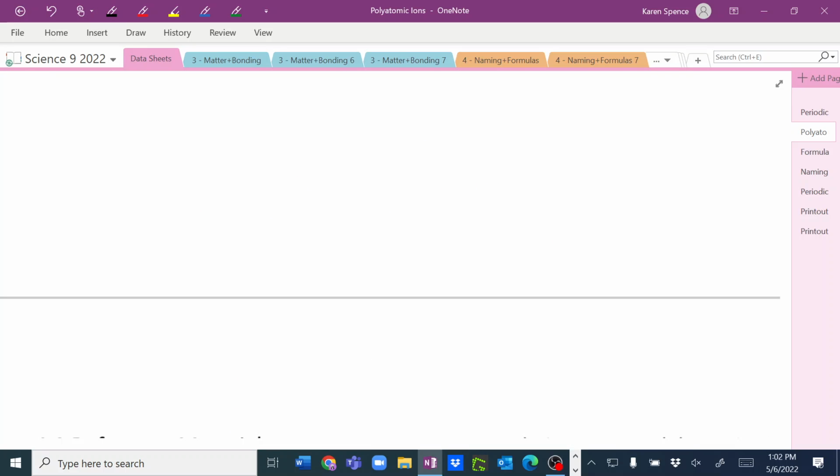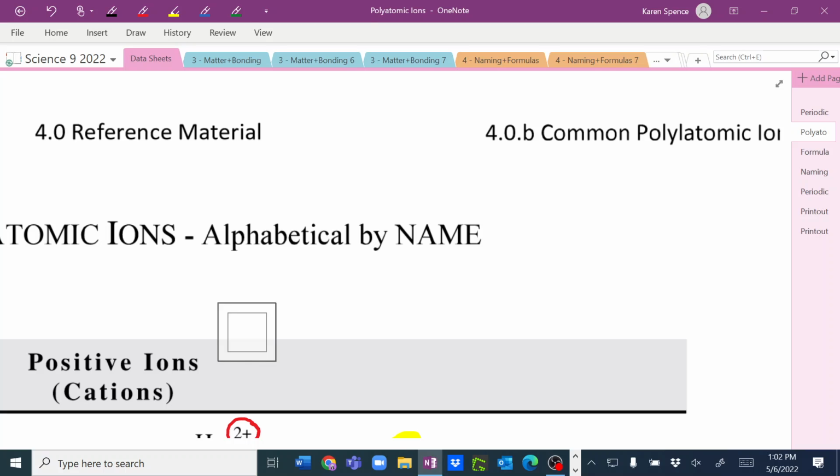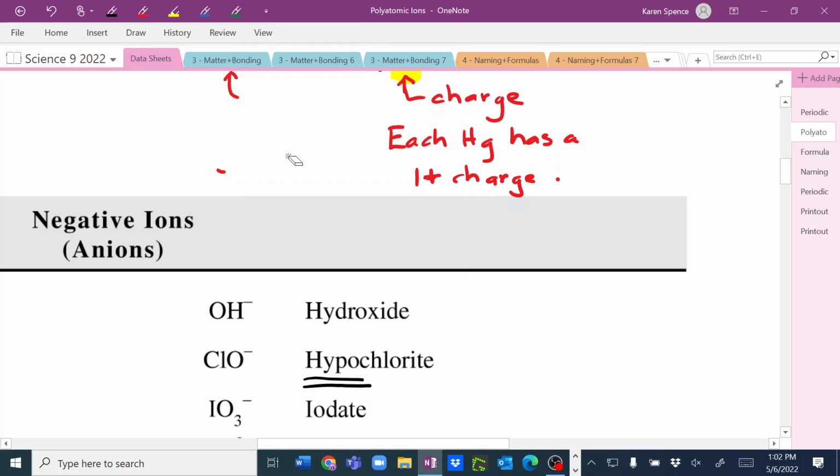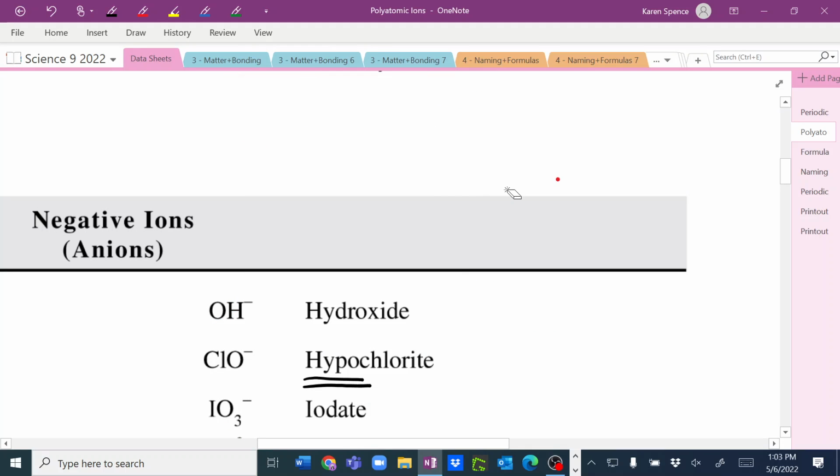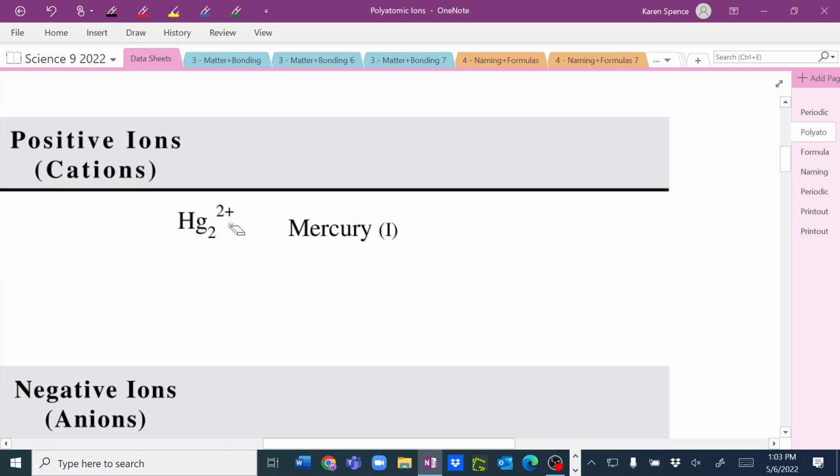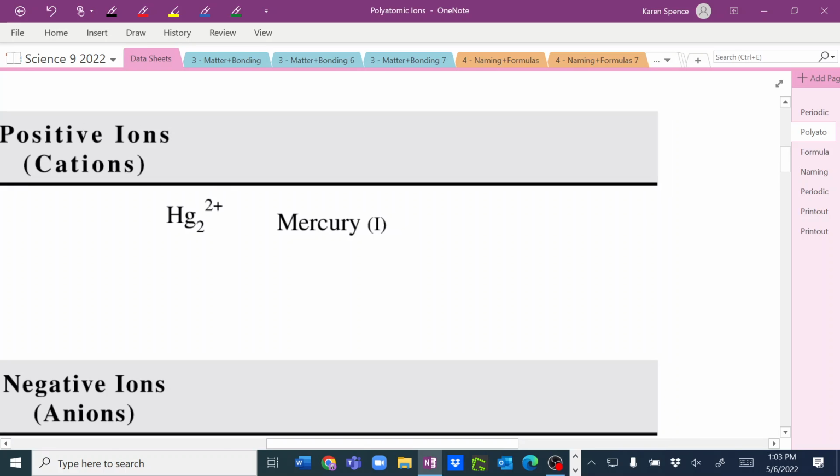So if I go up here, you'll notice it says mercury, and it says mercury 1. What does that Roman numeral 1 tell us? It tells us the charge.